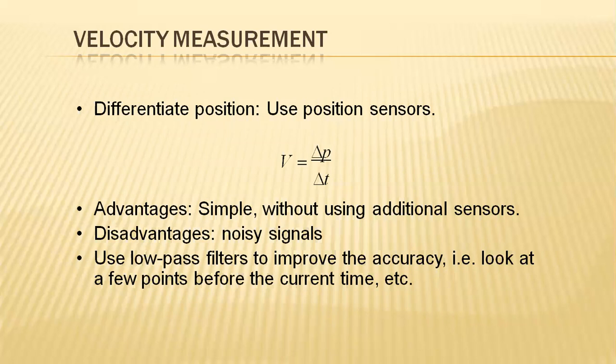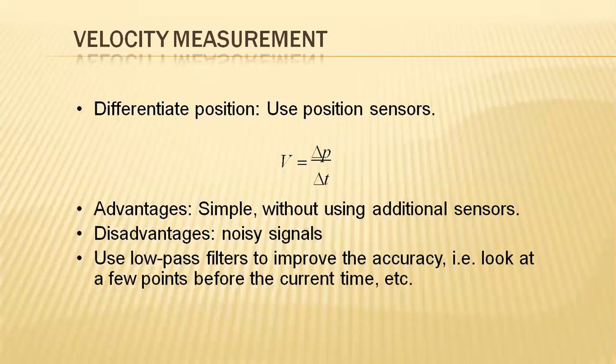This is very simple to calculate, and without using additional sensors, the result is generated quickly. The only disadvantage or limitation is that noise signals will be produced, because the low pass filter is improving its accuracy.